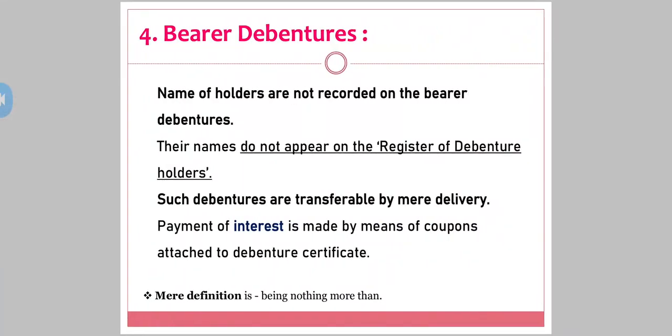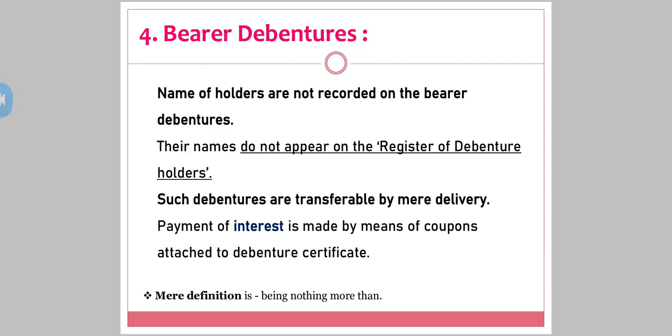Okay. Now the fourth one is bearer debenture. See, name of the holder is not recorded on the bearer debenture. You have done this in 11th standard as cheques, right? You have got cross cheque, you have got bearer cheque. So what is a bearer cheque? Whosoever holds the cheque is the owner of the cheque.